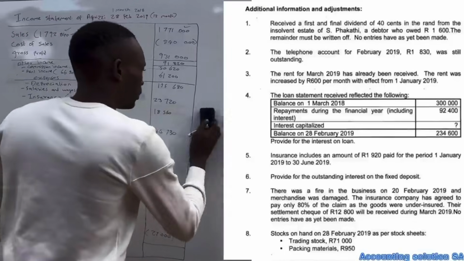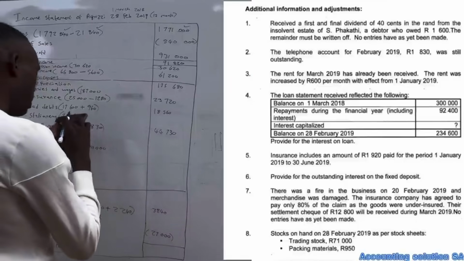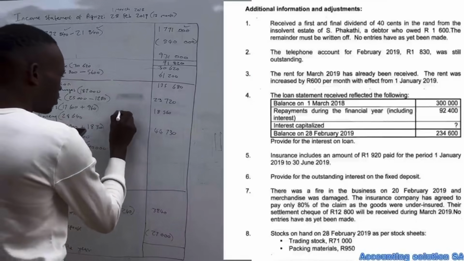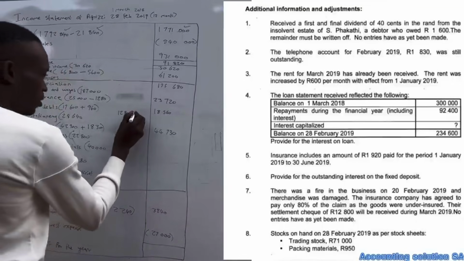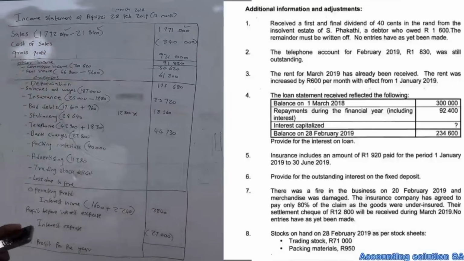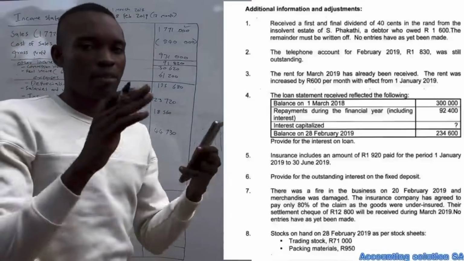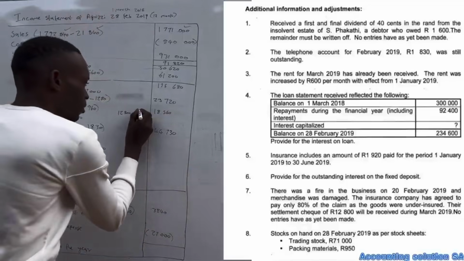Remember, let me show the calculation. They say that 12,800 is the amount we receive for 80% of the damage. So those people only pay us 80%, which means that our loss is how much? It's 20%.